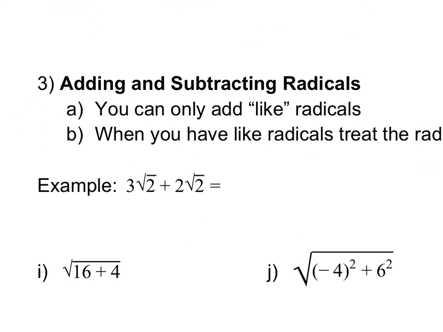So on this one, 3 square roots of 2 plus 2 square roots of 2, do they have like radicals? Yes, they do. They're like radicals of square root of 2. So now, since we're adding, we're not multiplying. The last one was multiplying. You're just going to add the pieces in front. So 3 plus 2 would give you 5, and you leave the square root of 2, because we're adding, as square root of 2.